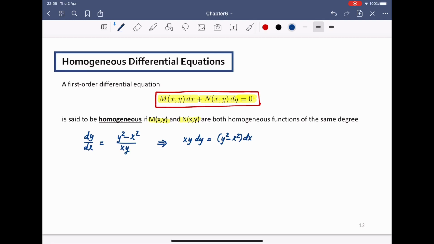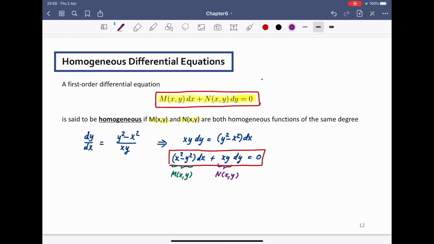Then I can simplify more, so I get (x squared minus y squared) dx plus xy dy equal to 0. So this is now in the standard form, right? From here we can see that my function M is x squared minus y squared, and my function N is xy.